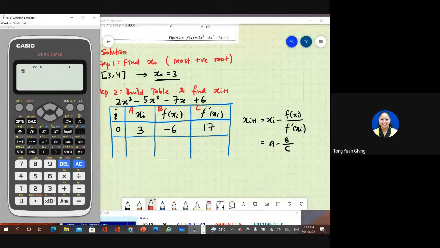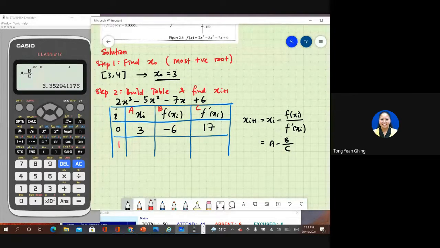Alpha a minus alpha b divided by alpha c. Calculate: a is 3, b is negative 6, c is 17. So we get 3.3529.